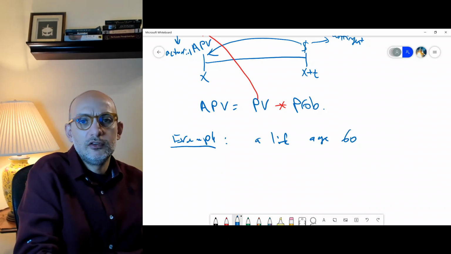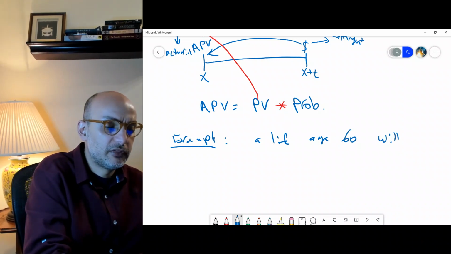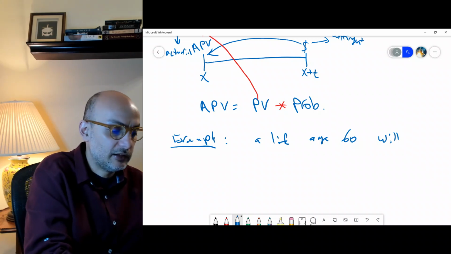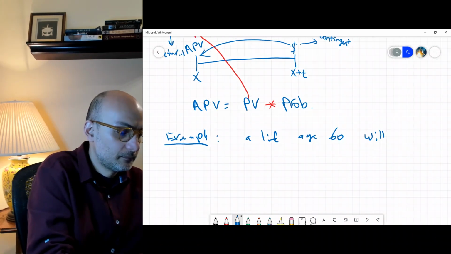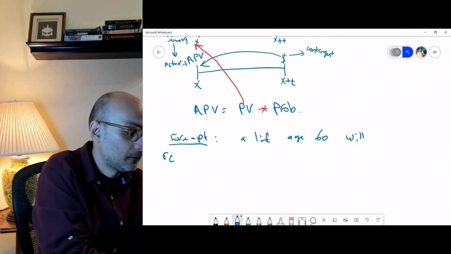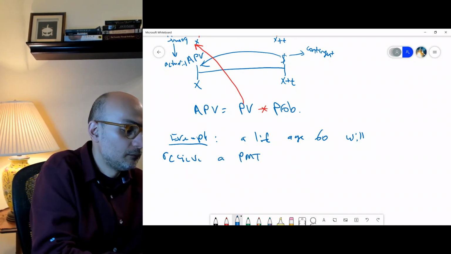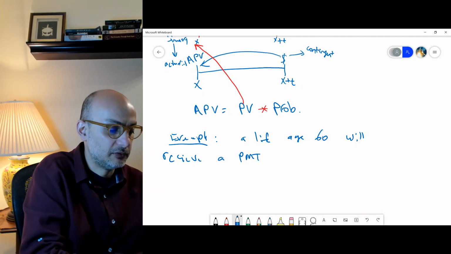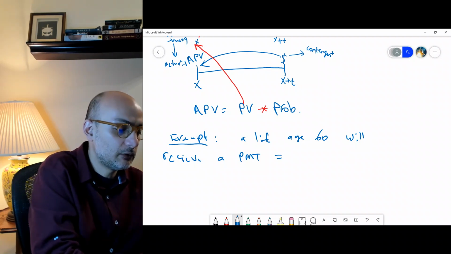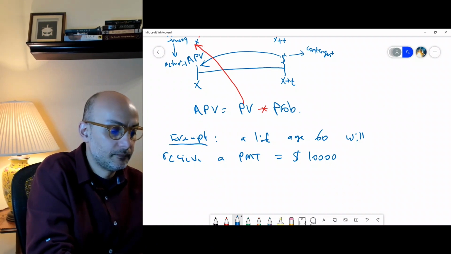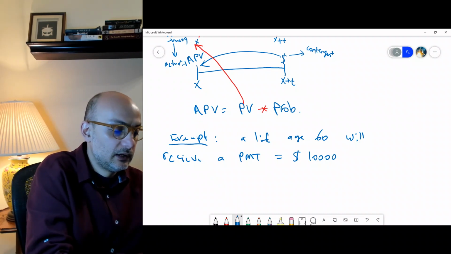This individual will receive, as part of an employment package, a payment. I usually use PMT for payment. So we'll receive a payment equal to, let's say, $10,000 upon retirement.